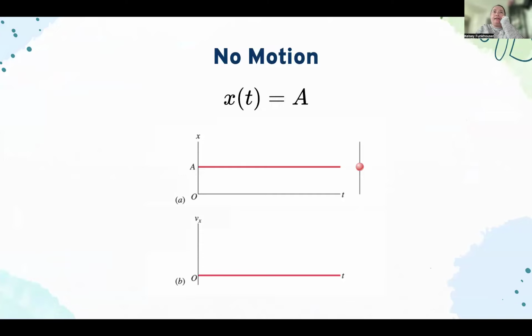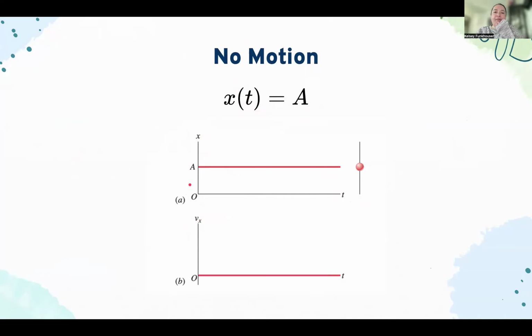So let's say there's no motion, and the position is given by this equation, x of t equals a, where a is the position of the particle. So we have two graphs here. We have our position graph, which is the position with respect to time, and then we have our velocity graph, velocity with respect to time.